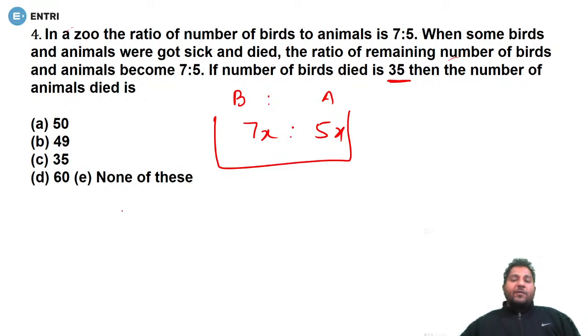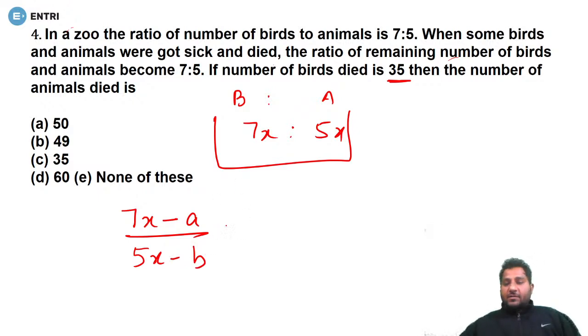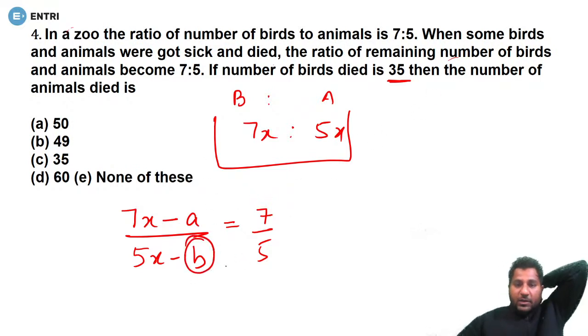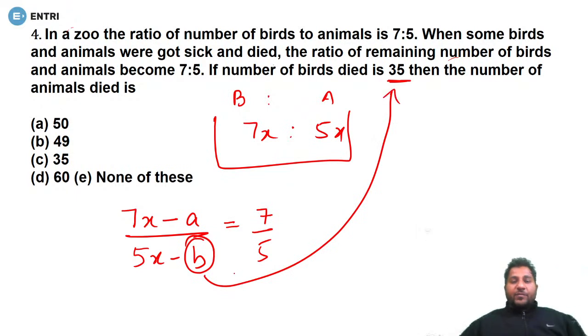Look, if you subtract a birds from 7x birds, and b animals from 5x animals, then the final ratio will occur as 7:5 as well. Now you know that this b is equal to 35.